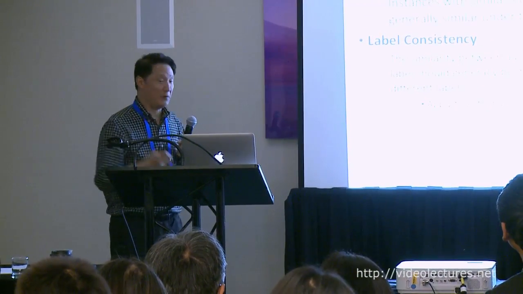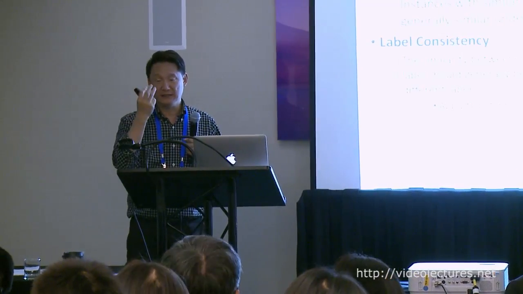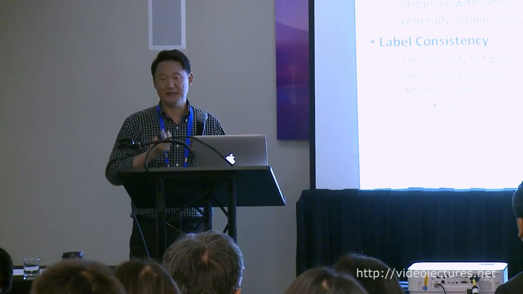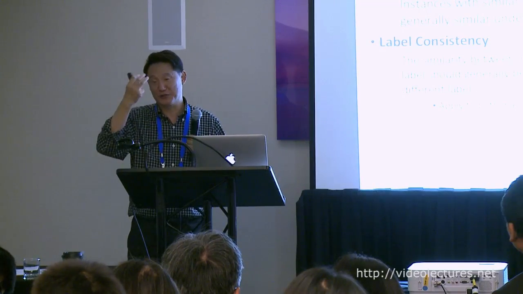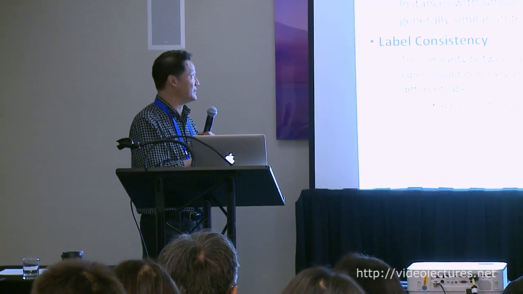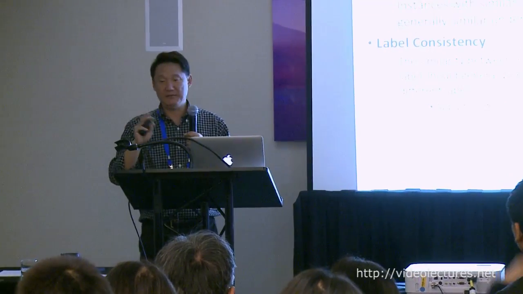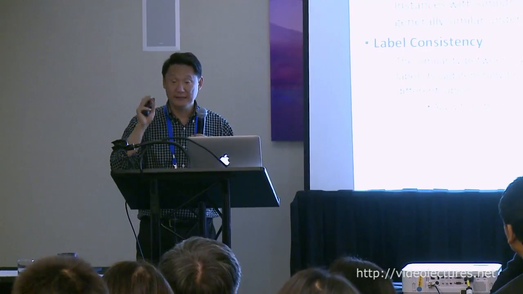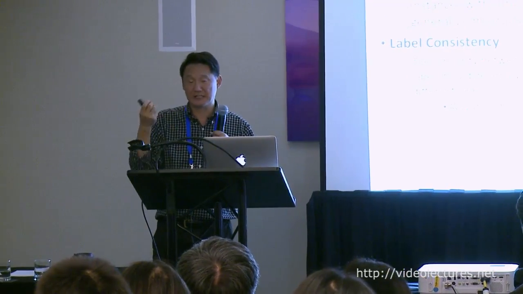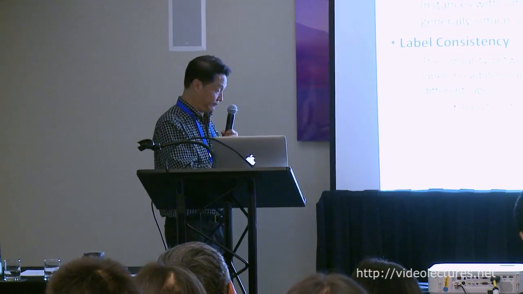One is side information consistency, meaning that if the brain has a problem, like Alzheimer's disease, and you can see it from the image, the side view should also say the same thing. They should be consistent. The other is label consistency: if two images have the same labels, then their subgraph features should also be similar.